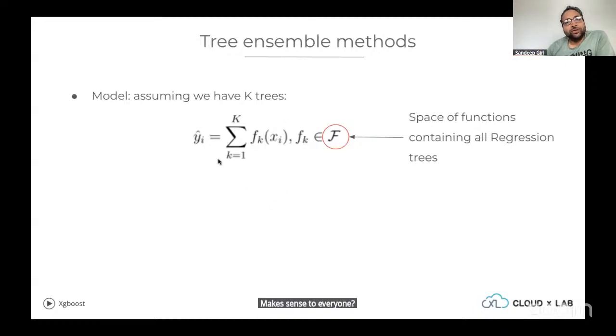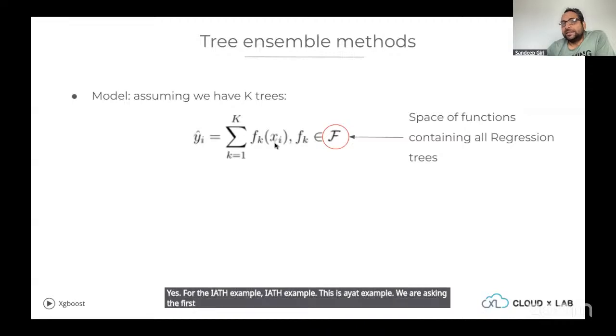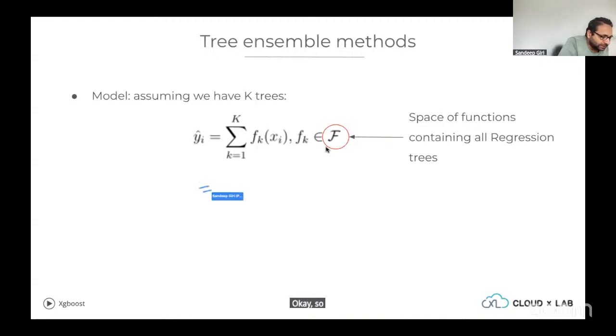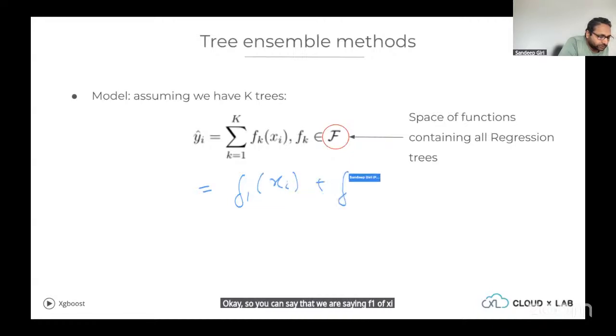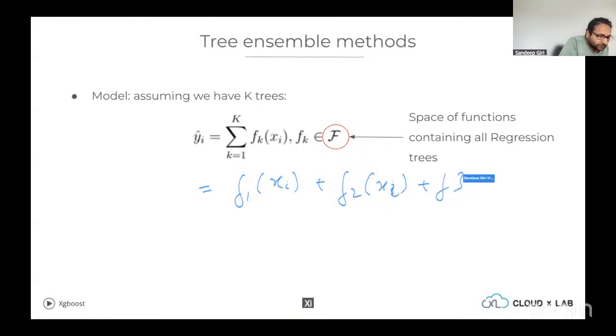For the ith example, we are asking the first tree, what's the outcome? Then we are asking the second tree, what's the outcome? And then we are summing it up. So you can say that we are computing f1 of xi plus f2 of xi plus f3 of xi.